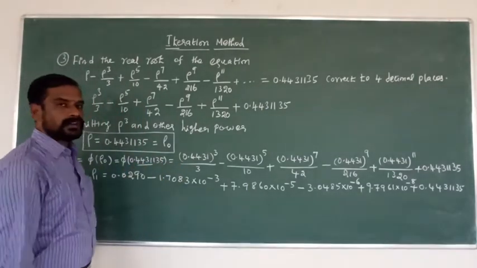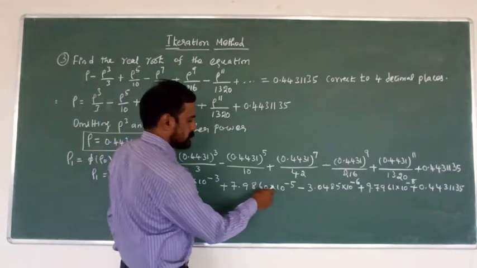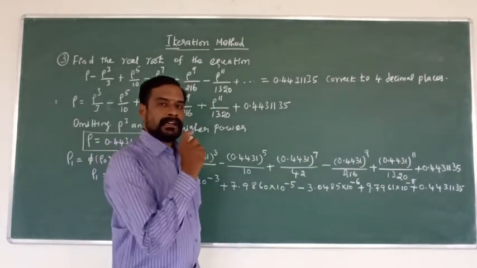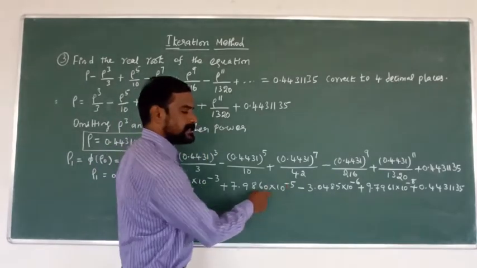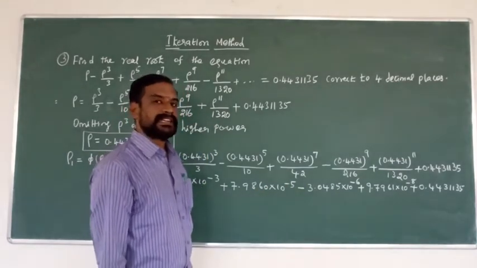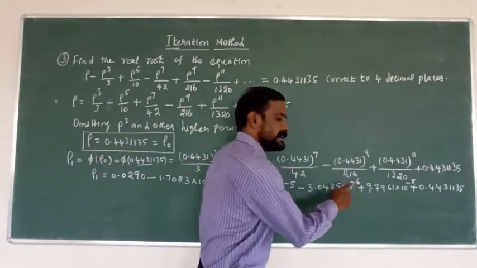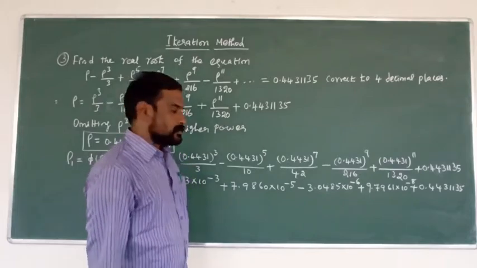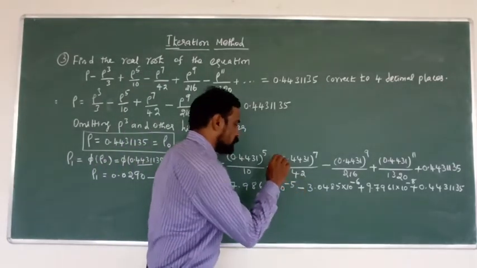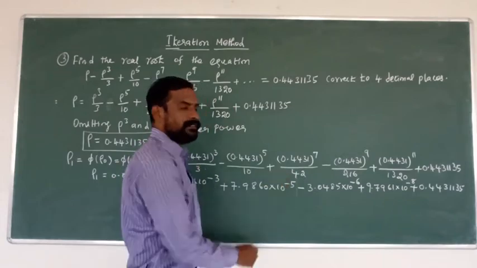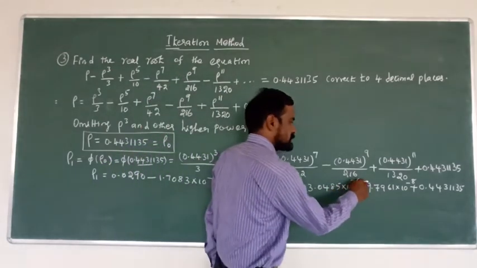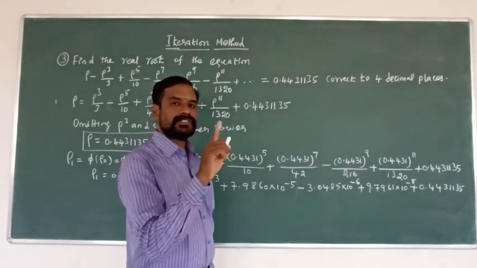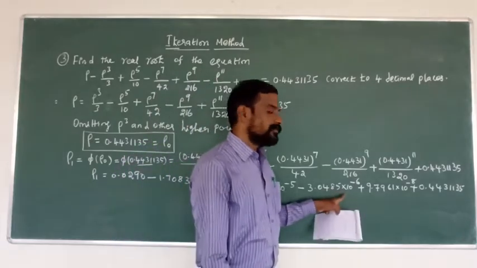Here 10 to the power of minus 5 means after the decimal point we get 4 digits of zero, and this is the fifth digit. The 10 to the power of minus 6 and 10 to the power of minus 8 terms will be 0.0000 after the decimal point with 5 zeros.